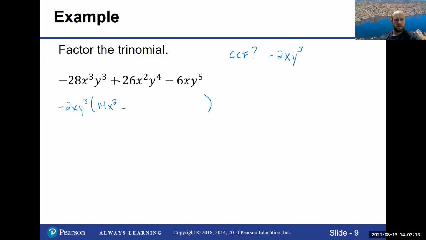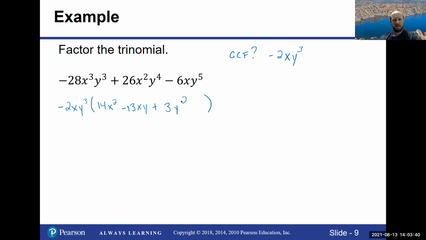And then I took 2 from 26, so multiplying, I would have a 13 there. X to get me to x squared, and then I took 3 of these y's, so I have 1 left over. And then I have plus, because I want this next sign to distribute to give me negative. So plus, right, negative times a positive is a negative, plus 3, I took the x, and I took 3 of the y's.